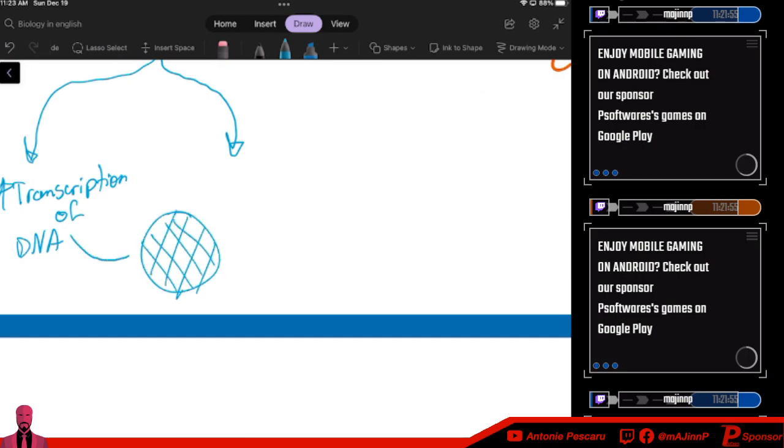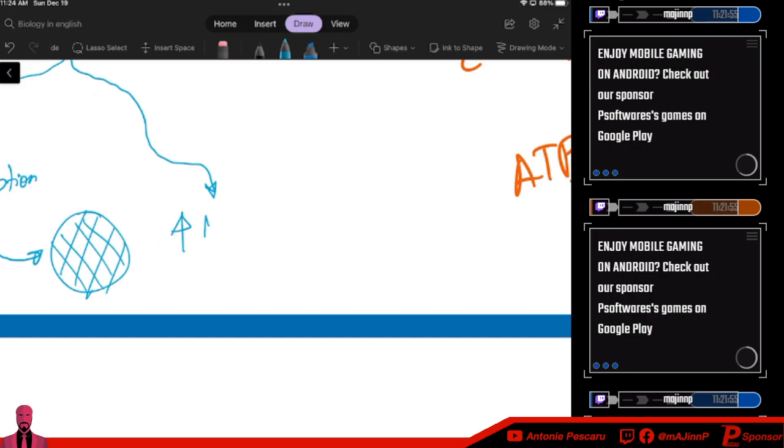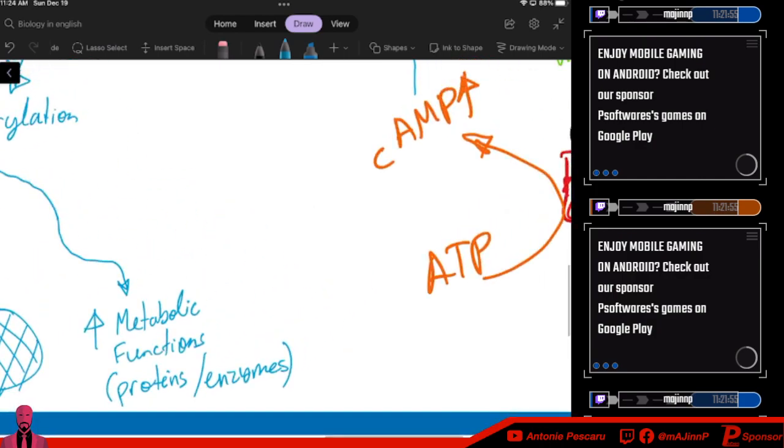So, it's going to go do transcription of DNA, or it's going to go stimulate metabolic functions. In this case, it's going to go stimulate proteins/enzymes. And in our case, it's mostly going to be enzymes.